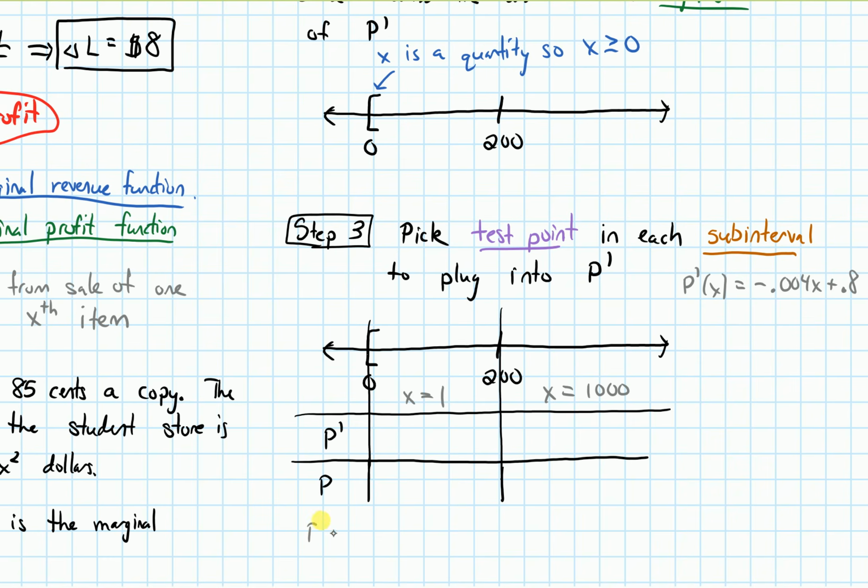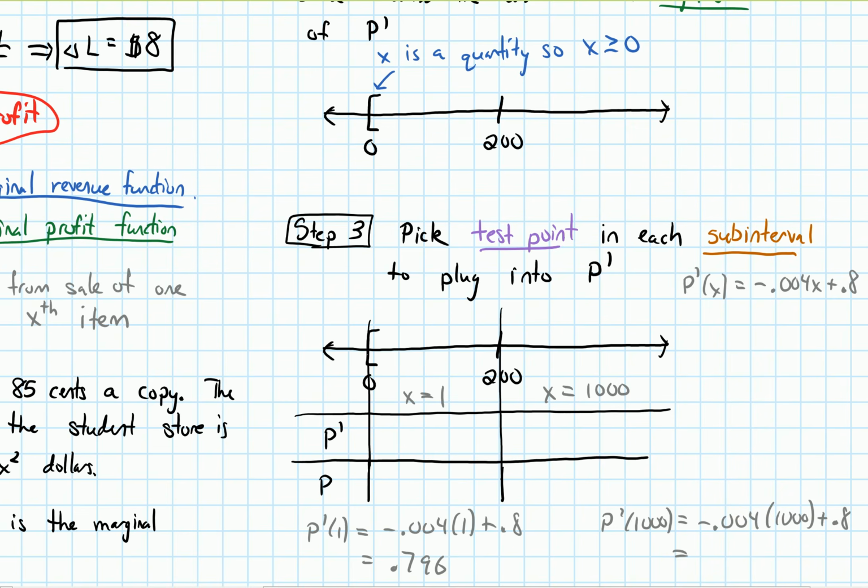So p prime of 1 is negative 0.004, and you plug in 1 for the x, plus 0.8. If we work out what this is, 0.796. So that one's not too bad. And if we plug 1,000 into the derivative, we would get negative 0.004 times 1,000 plus 0.8.